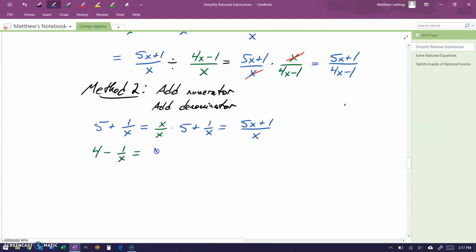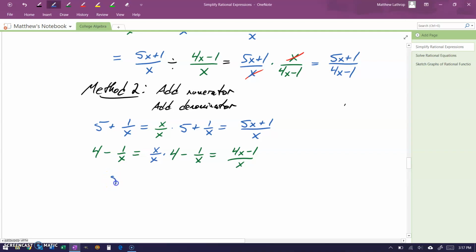We'll have to multiply by x over x times 4 to get that common denominator so that we can add those two expressions together and get that single expression.